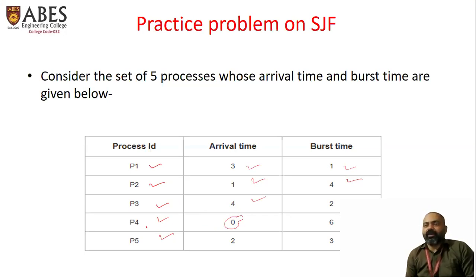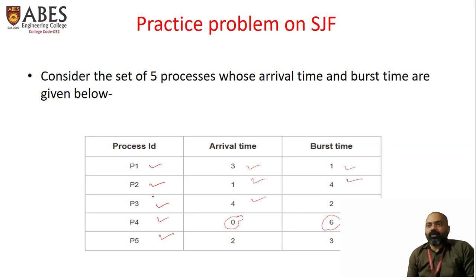So P4 will get executed first and burst time is 6. When P4 finishes, all the remaining processes P1, P2, P3, P5 will have arrived. So P4 will execute completely.